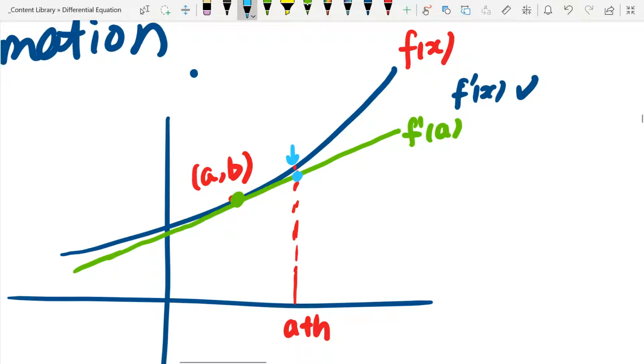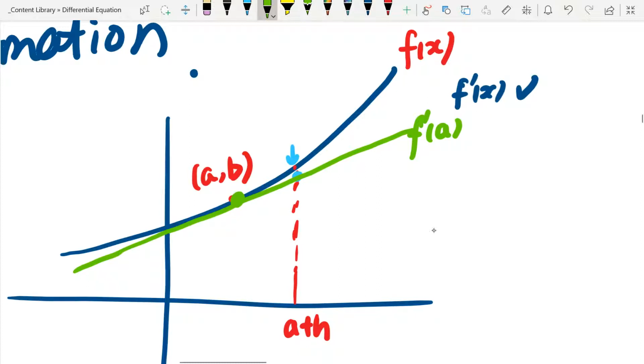You can see if h is small enough, the tangent is really close to the actual graph. But if I take a value here, it's a very big difference. That's too much difference. So I can only use this method to find a value which is close to the given point.